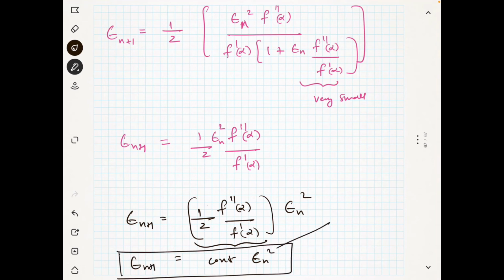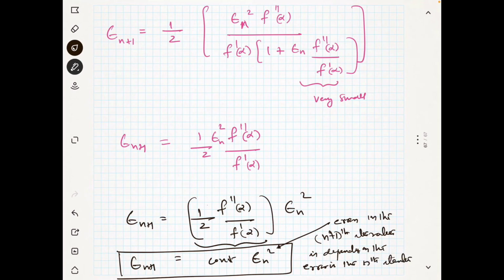That means that the error in the n plus 1th iteration is depending on the error in the nth iteration.